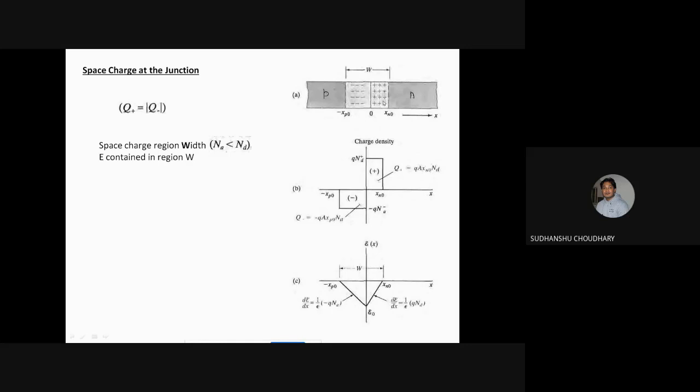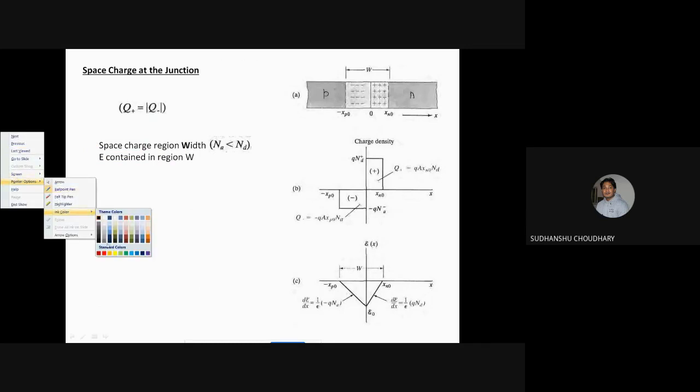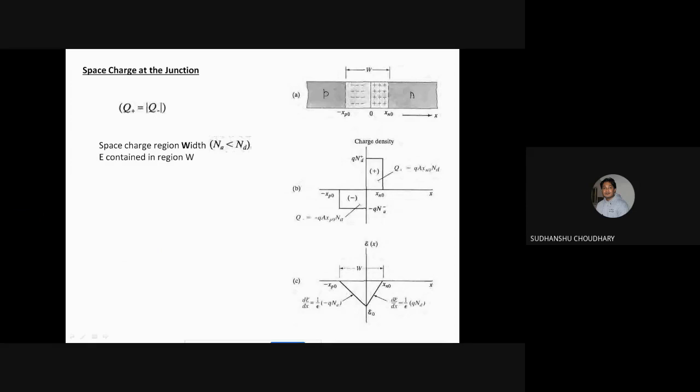The important concept here is that the donor charge on the n side should be equal to the acceptor charge on the p side.